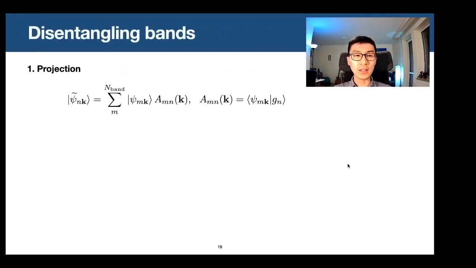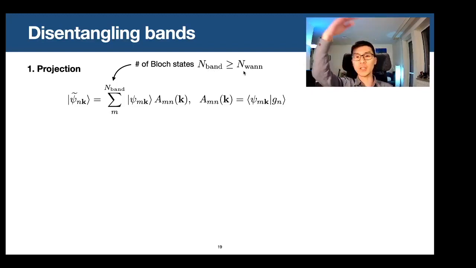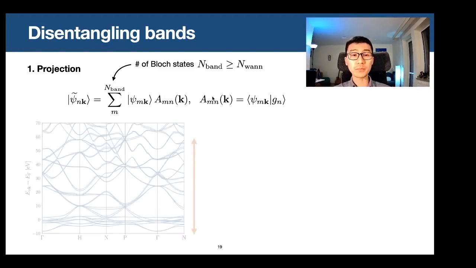So for disentangling the bands, we first start with the projection of the initial guess of the Wannier functions onto Bloch functions. But the number of Bloch states should be larger than the number of Wannier functions. So our idea is that we start from a few more Bloch functions and reduce them to the number of Wannier functions at the end of the calculation.